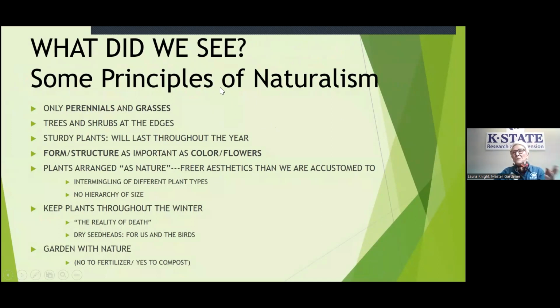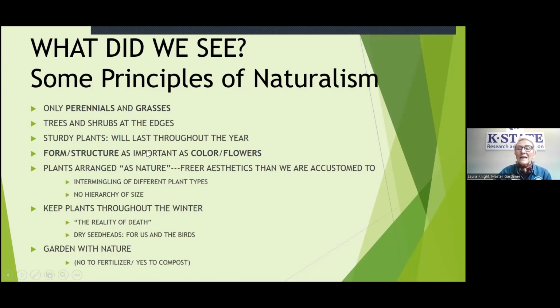They did beautiful public gardens, but they were the ones that originally started to use the beautiful, beautiful natives in huge masses. But what you're seeing here are some principles of naturalism, using only perennials and grasses, with the trees to the side in the periphery. The trees and shrubs are at the edges.